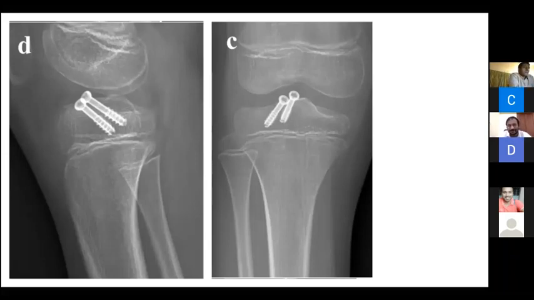Parallel is going to be very, very difficult. The only access you have is like this, so you cannot always be perpendicular to the fracture line, and it is certainly very difficult to go against the pull of the ACL here. So I think this is a good, well-reduced fracture. Probably will have good results later.